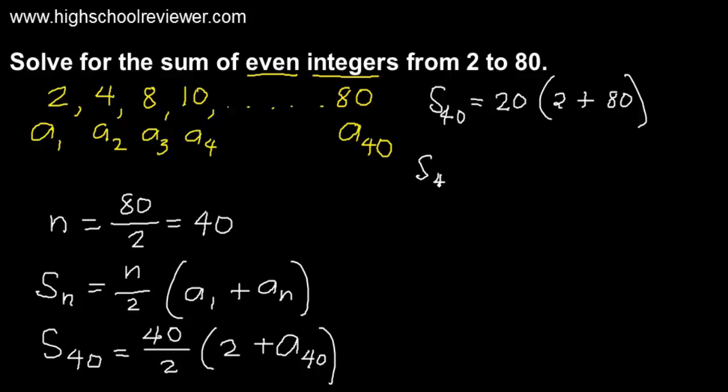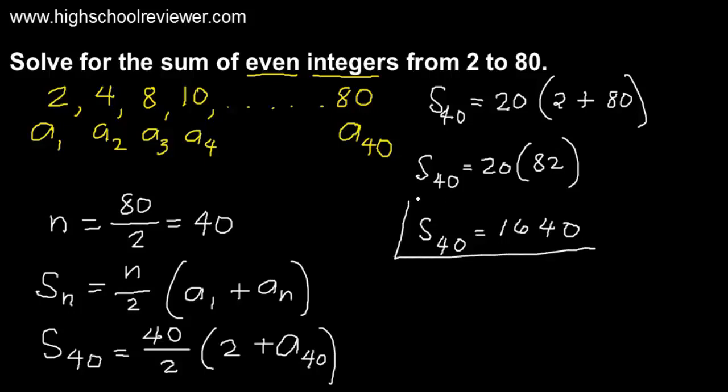So S sub 40 will be equal to 20 multiplied by 82, and this will give us 1,640. Again, our sum of all terms, or S sub 40, is 1,640. And this is our final answer.